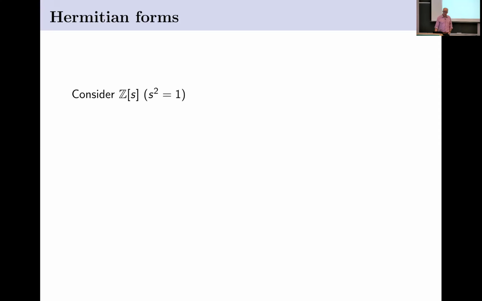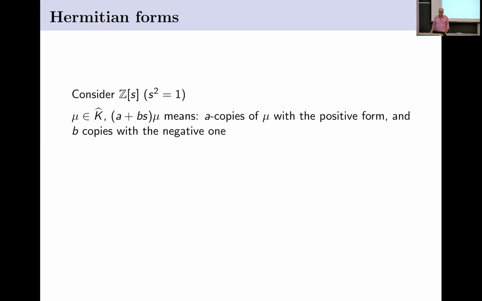Okay, so we take this ring Z bracket S, and we use this to encode a representation with a form on the K-type. A plus BS times mu means you have A copies of mu with the positive form and B copies of the negative one. So that keeps track of signs.